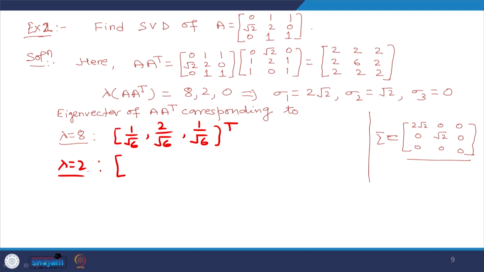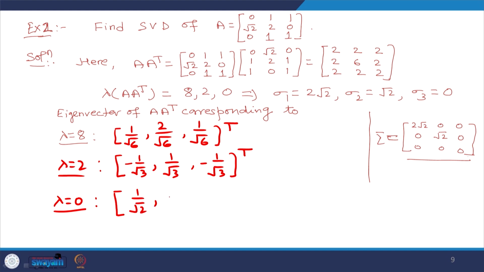Corresponding to lambda equals 2, it is minus 1 upon root 3, 1 upon root 3 and minus 1 upon root 3. Similarly, corresponding to lambda equals 0, it is 1 by root 2, 0, minus 1 by root 2.